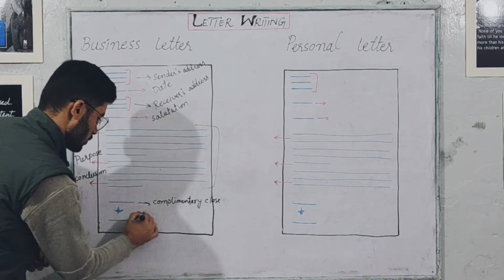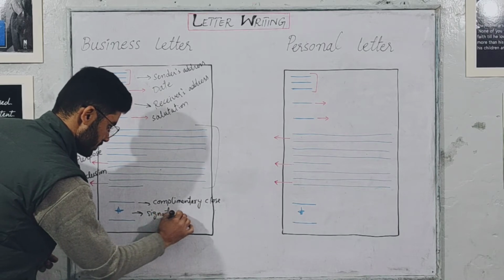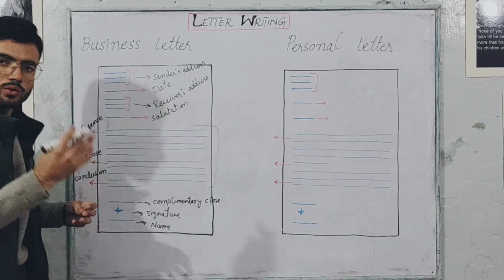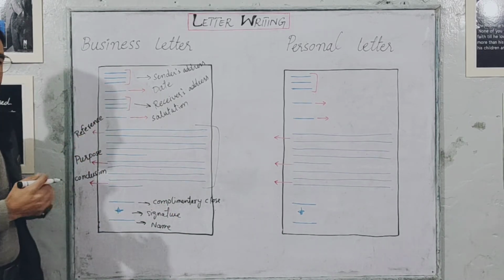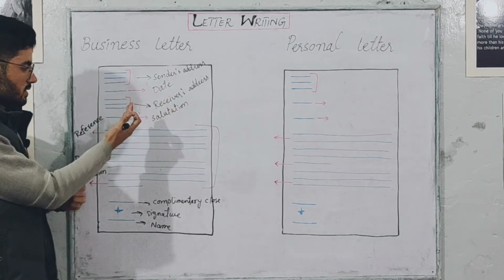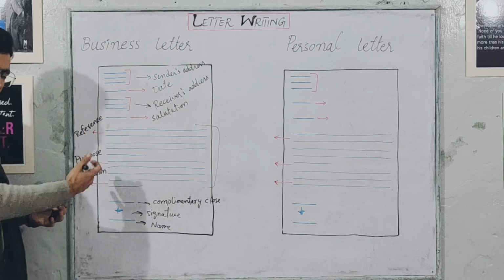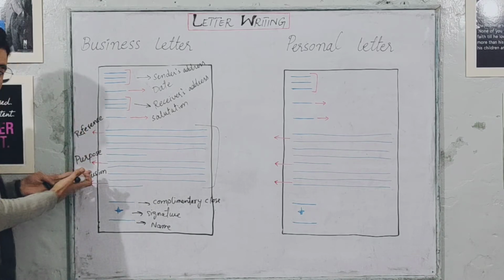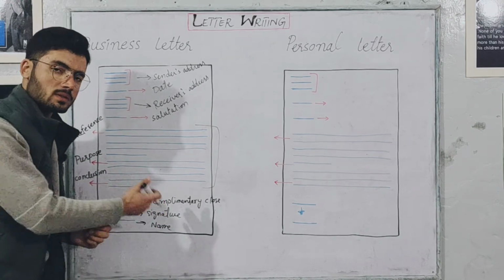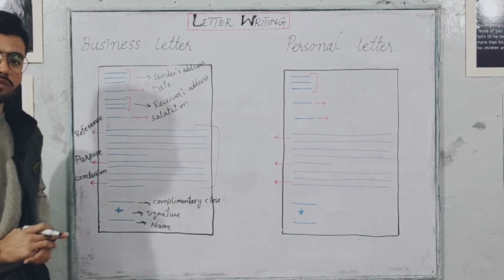After the complimentary clause, we get the signature and name. So do remember, in the business letter, the first part is the sender's address, the date, the receiver's address, and the salutation. After that, we have the body. In the body, we have reference, purpose, conclusion. And complimentary clause, the signature line, the place for signature, and the name.